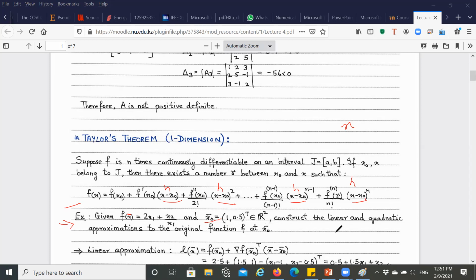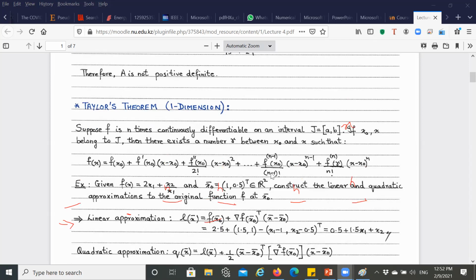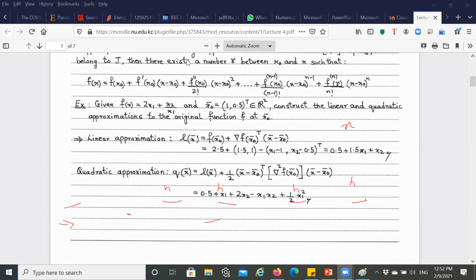What I want you to do is find the linear or quadratic approximation of this function at this given point. For the linear approximation, you should not have anything to the power 2, so it should be only the first two terms in your Taylor series.